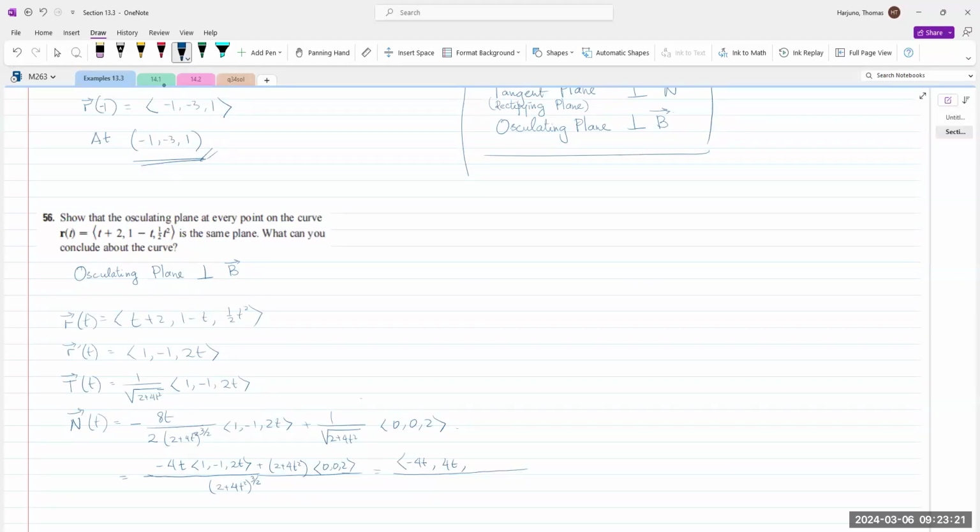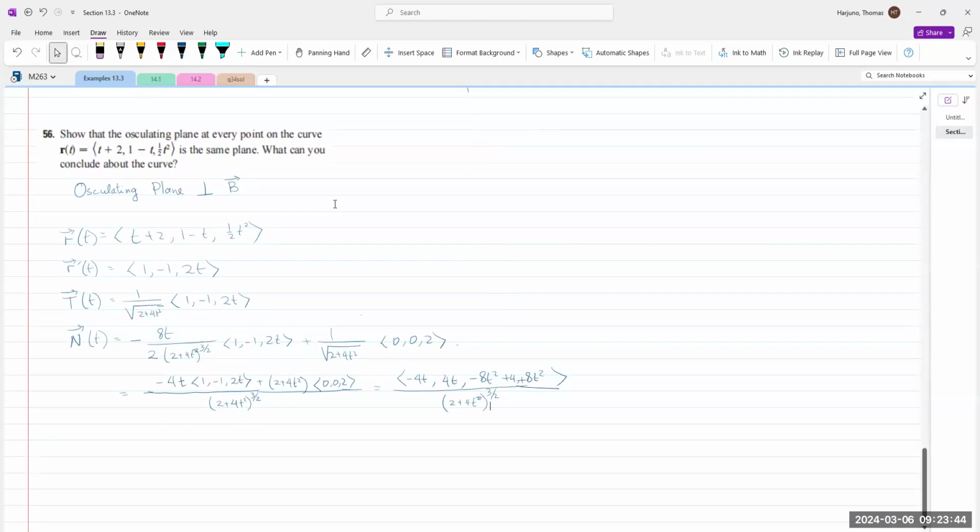And for the z component, negative 8t squared plus 4 plus 8t squared, over (2 plus 4t squared) to the power of 3/2. But on the numerator, you will see that the negative 8t squared cancels, right? And I can factor the 4t out.